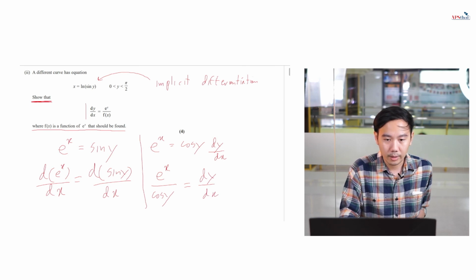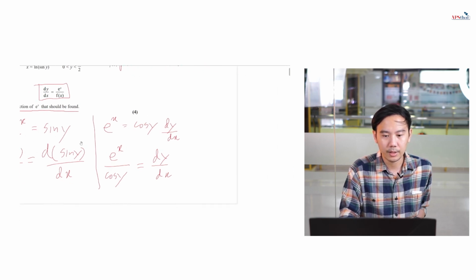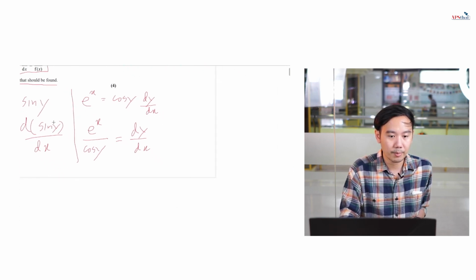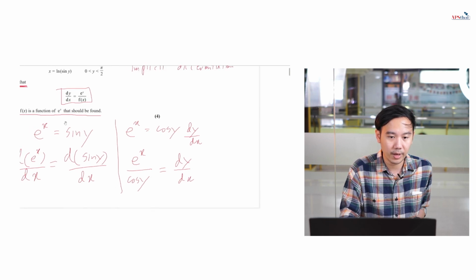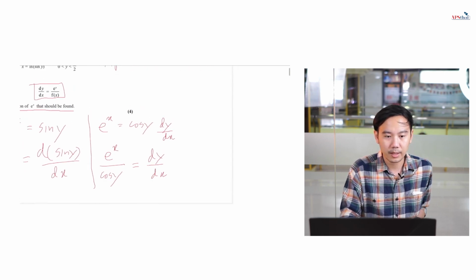Okay, now we are in this form already, but we are not done yet because cosine of y is nowhere near a function of x. So we have to turn cosine of y into something that's recognizable as a function of e to the x somehow. Okay, so let's take a side note here.